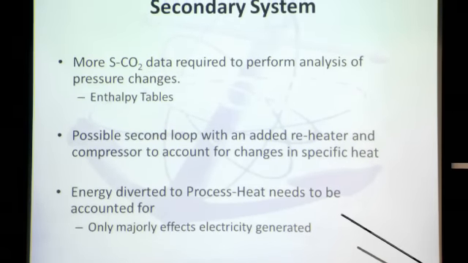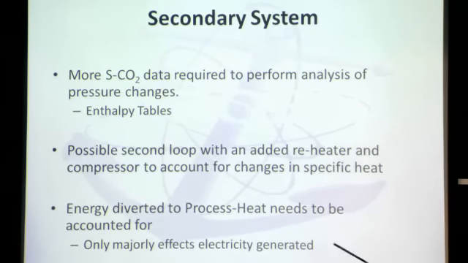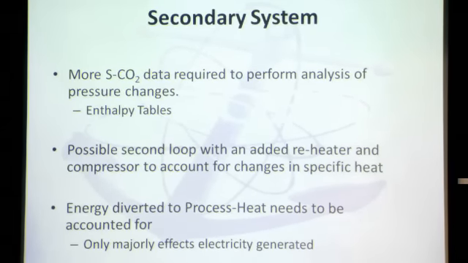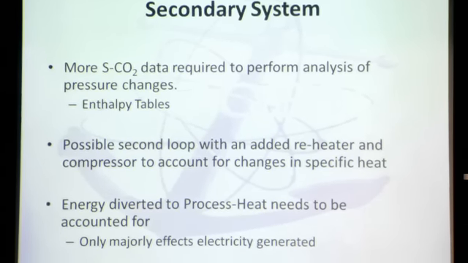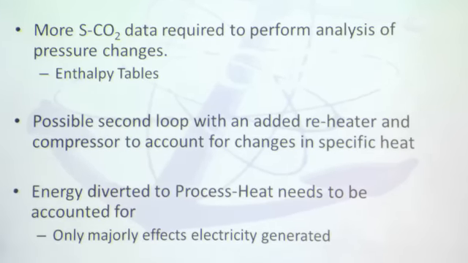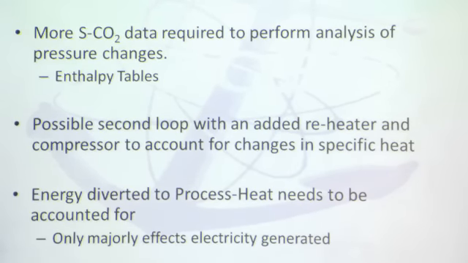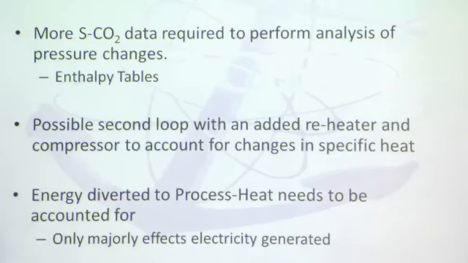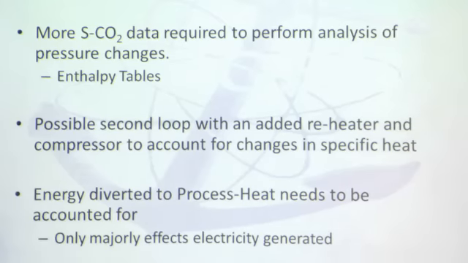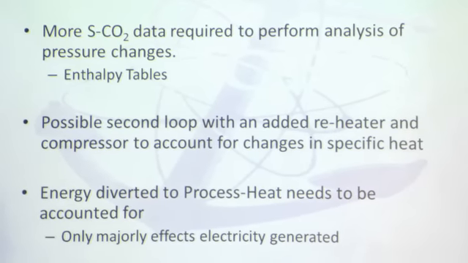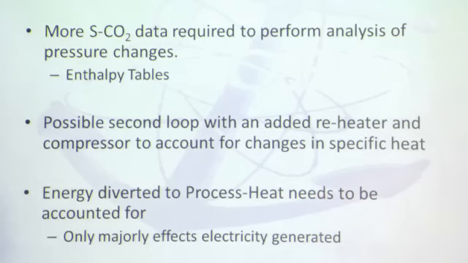For the next step with the EASE calculations, we're going to need more data for supercritical CO2, such as enthalpy tables, so we can do more in-depth pressure calculations for each parameter at each part of the system. One thing we removed was one of 2 reheaters, because we didn't think 2 were necessary at this time.